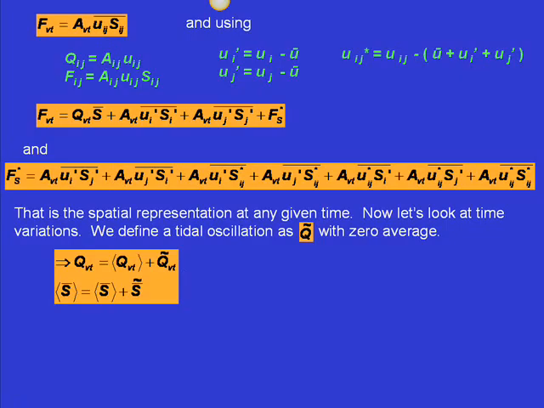So which term do you expect to be larger? The mean flow, this tidal mean flow, or the tidal oscillation? So with every tidal cycle, you have the volume that goes in and out.